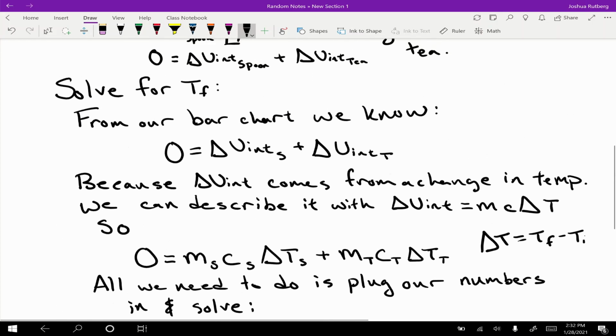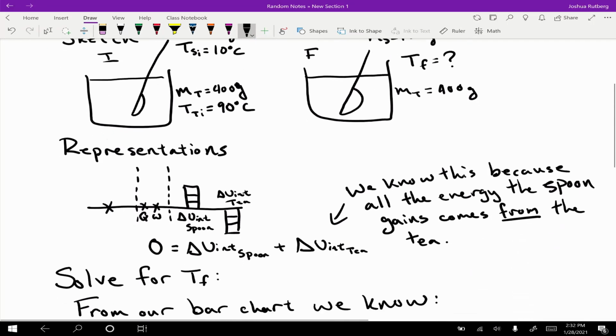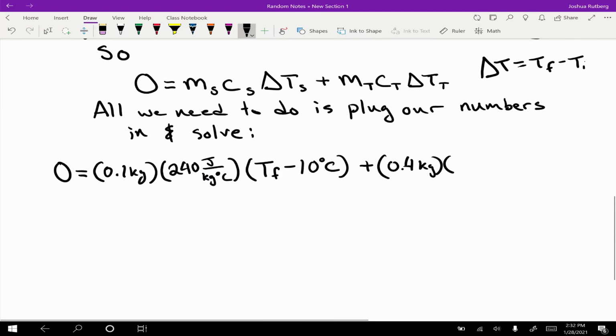The specific heat of the tea was 4190 joules per kilogram degree Celsius. And again, we're going to have the same thing: TF, final temperature, minus the initial temperature of 90 degrees. So just because I don't feel like writing those units every time, all of my kilograms will cancel out.